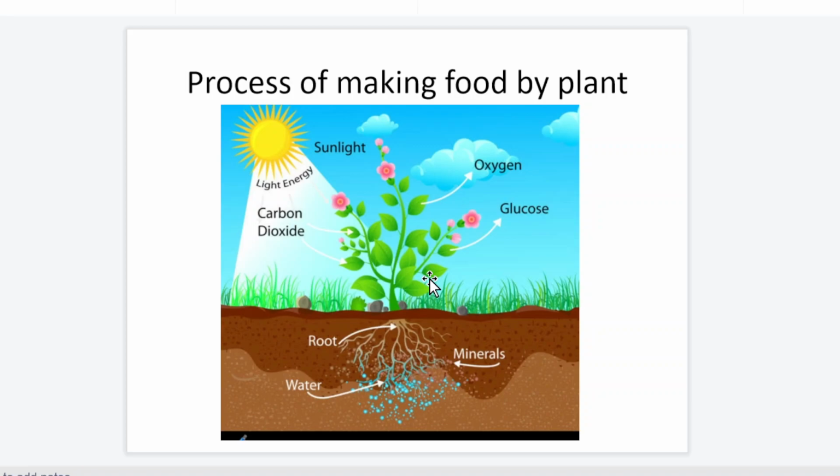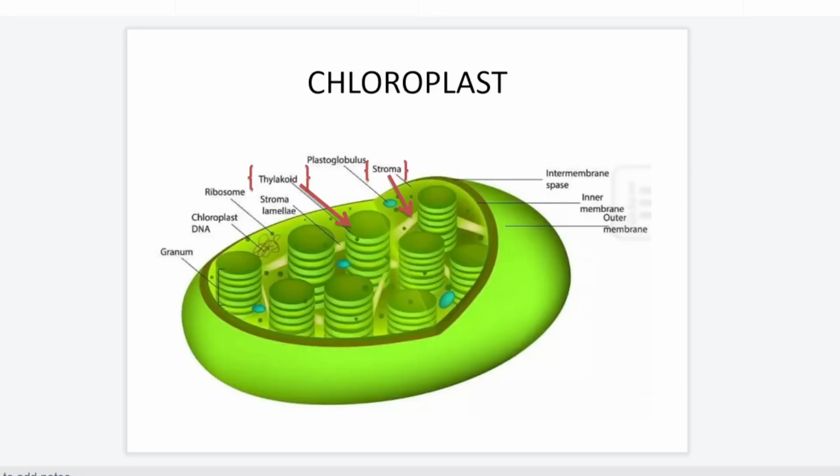But what is it that produces the actual food? It is the chloroplast present in the leaves. Chloroplast is a double membranous structure which has its own DNA and ribosomes, but the main structures it has are thylakoids.